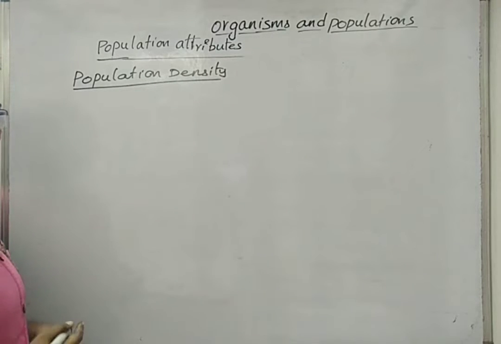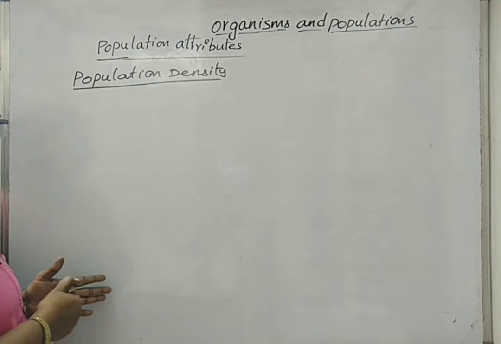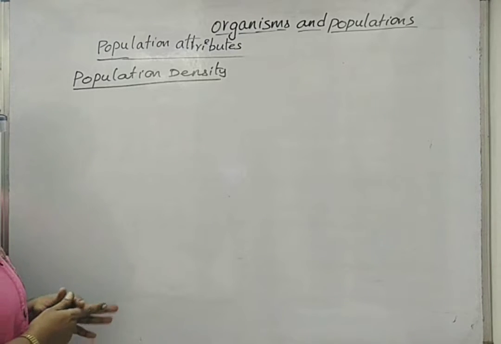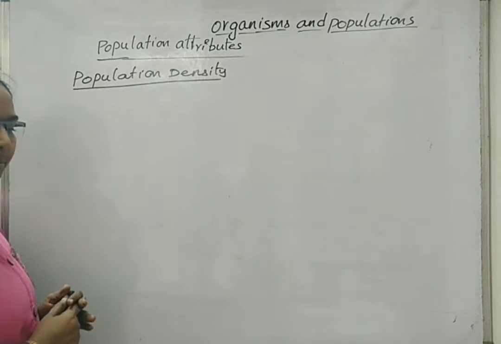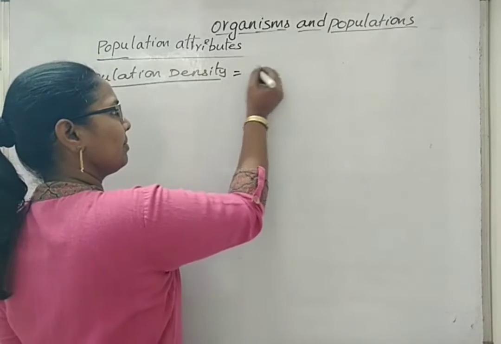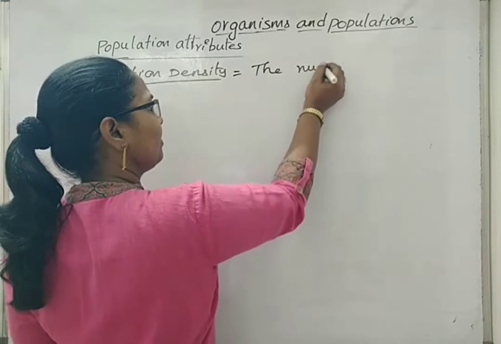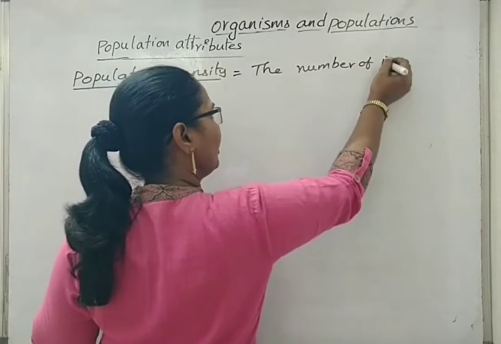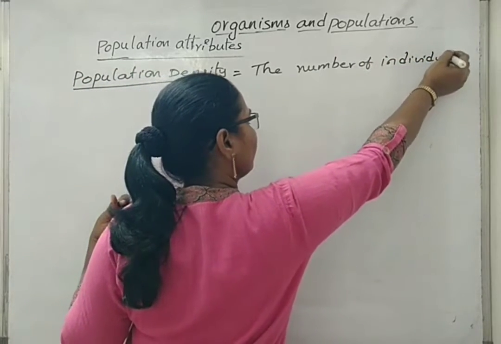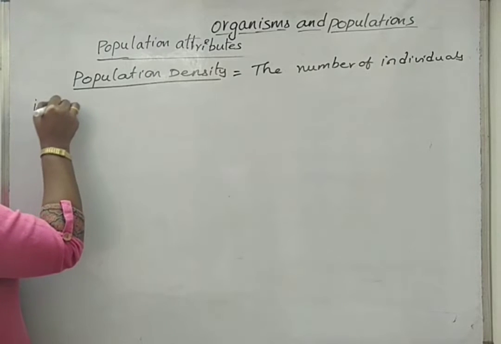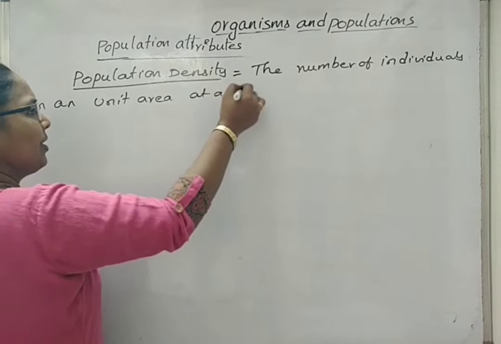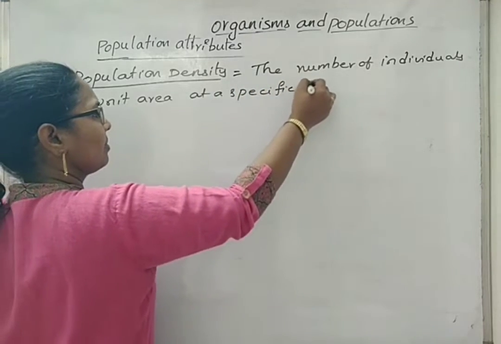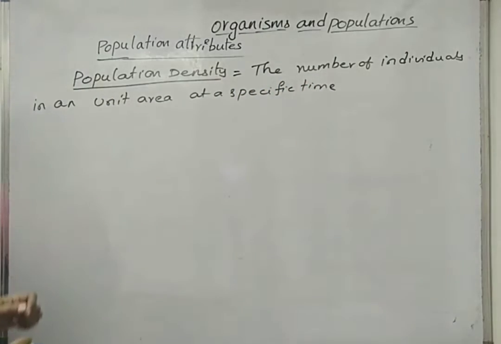Population density can be defined as the number of individuals or the number of human beings, because we are talking about demography, the study of human population. So the number of individuals in a unit area at a specific time period. This is defined as population density.